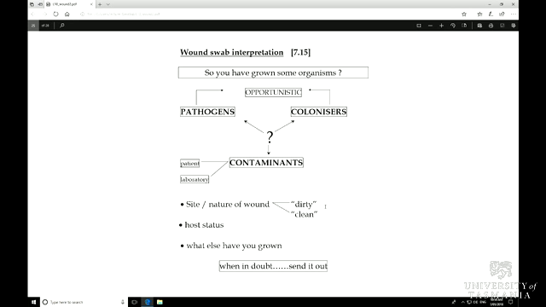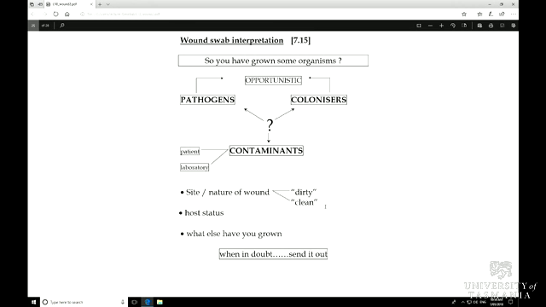If the wound's a lovely clean wound that's been well looked after, I'm more inclined to think that whatever I grow is important. If the wound is messy and dirty on someone's foot, then it may be just contamination and colonisation. That can be pretty important. As a rule of thumb, when in doubt, send it out.